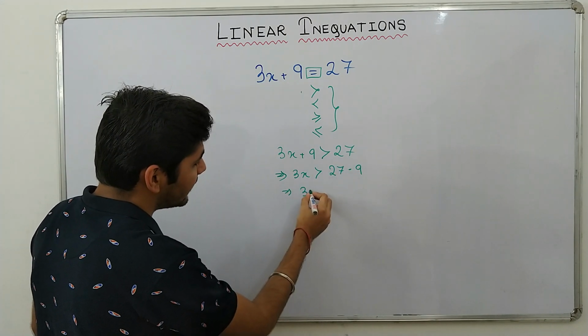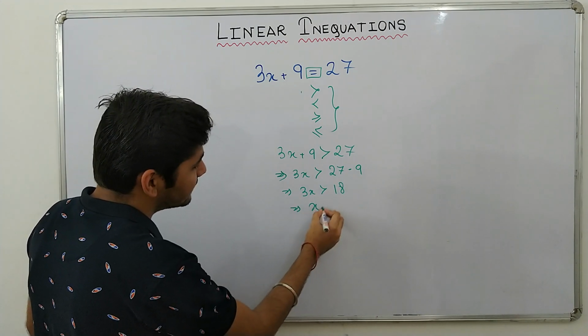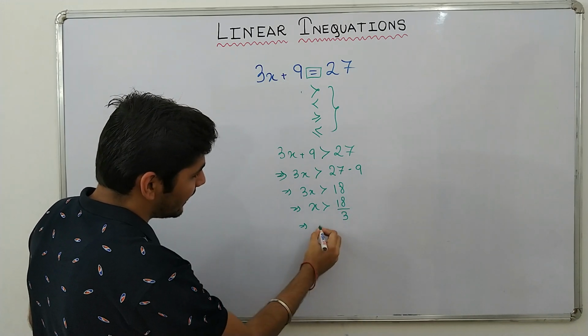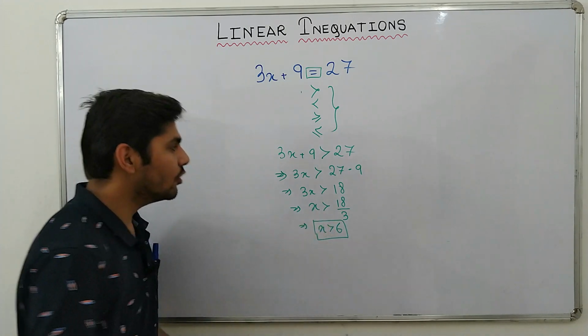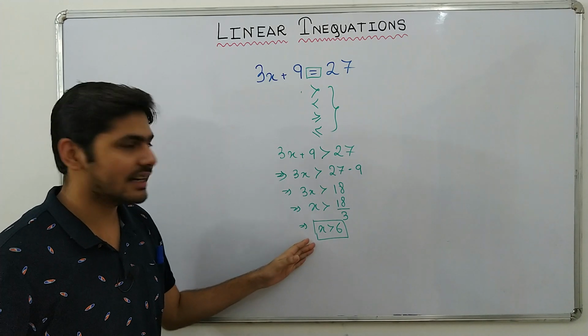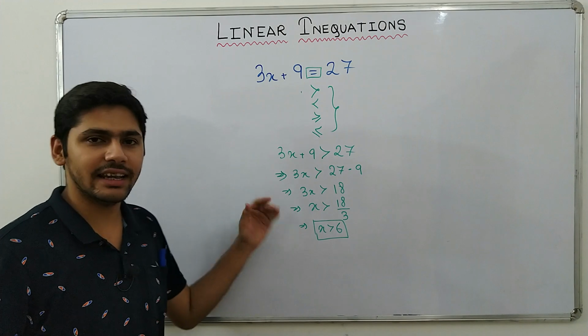Then we get 3x is greater than 18. Therefore, x is greater than 18 by 3. Therefore, x is greater than 6. So, the solution to this linear inequation is x is greater than 6. So, that is how we solve a linear inequation.